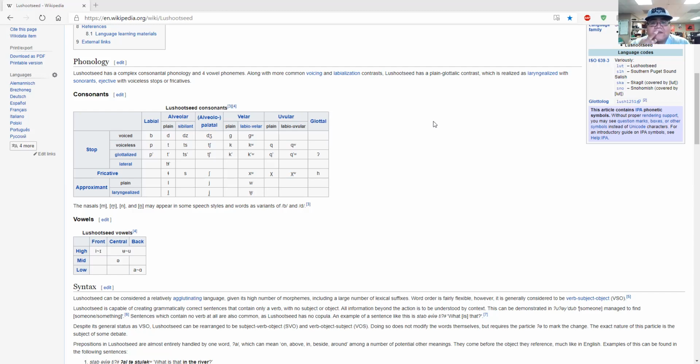Now you go back from there to the teeth, the alveolar ridge, which is the part right behind the teeth. So you've got the front of your teeth, your teeth, and the back of your teeth.